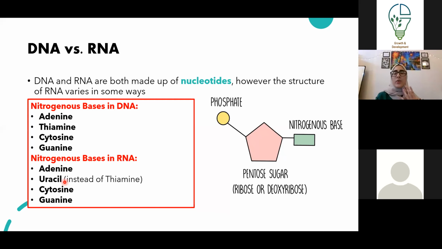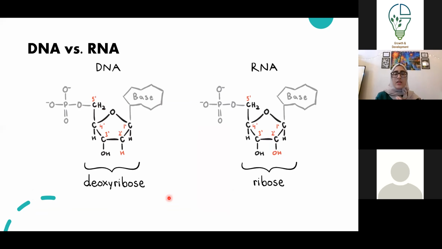Now, what do these nucleotides actually look like in terms of structure? This is what they look like. Okay, so this is your nitrogenous base. This is your phosphate group, and this is your pentose sugar in the middle. Okay, now deoxyribose. Look at this H over here. It's a single sole hydrogen, and that's why it's called a deoxy, because the oxygen is just gone.